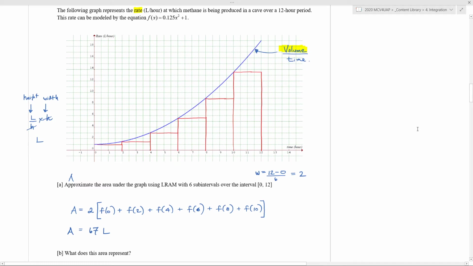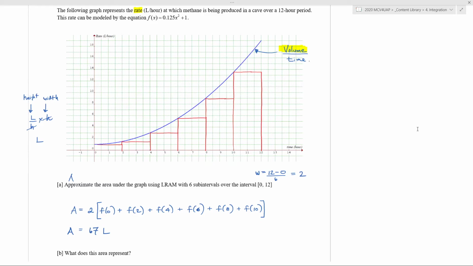So I've done the calculation there. The width is just 12 minus 0 divided by 6. So each rectangle has a width of 2. Okay. So for LRAM, it would be 2 times f at 0 plus f at 2 plus f at 4 plus f at 6, f at 8, and f at 10.